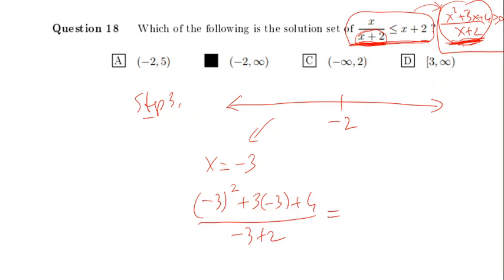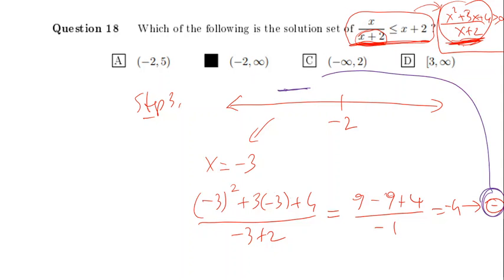This will give us -3 squared, which is 9, minus 9 plus 4, divided by -1, which makes -4. So it will give us a minus value. So you can say now this part is negative because of this here.